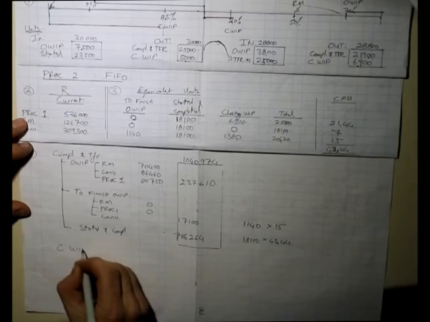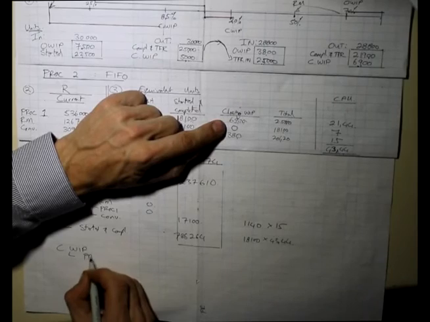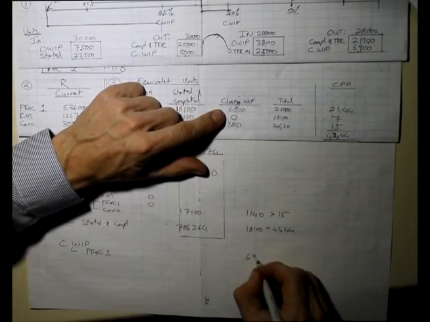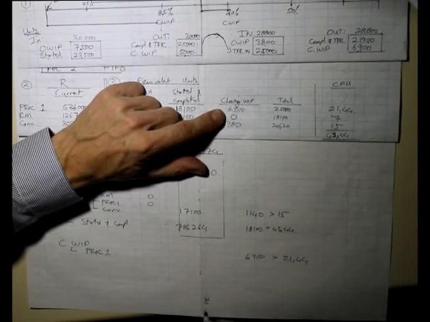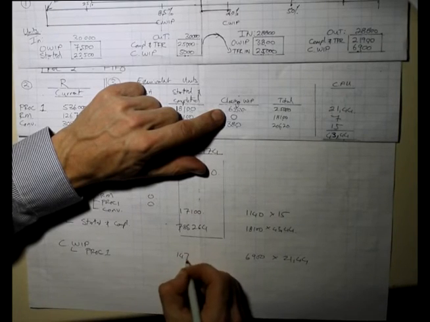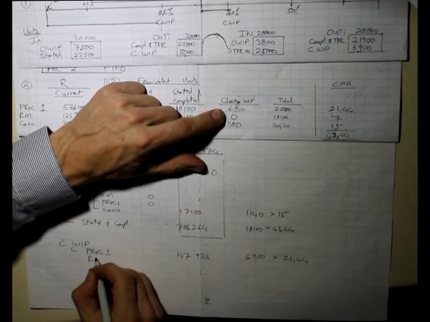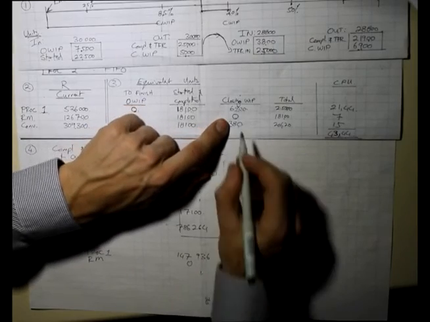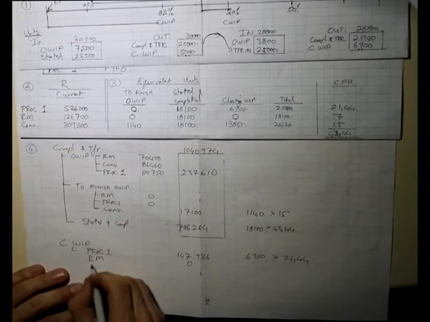Then the cost of our closing work in progress. This consists of process 1, 6,900 units at a cost of 21 Rand 44 cents, which is 147,936. Raw materials 0, because raw materials were not yet added to the closing work in progress.